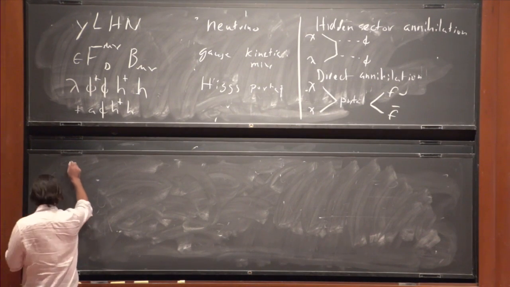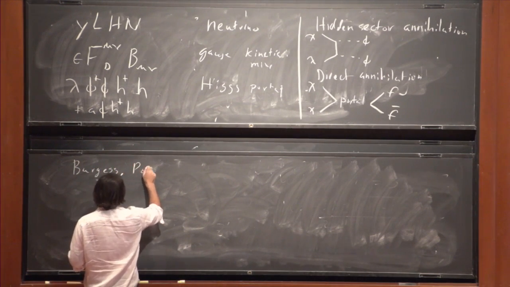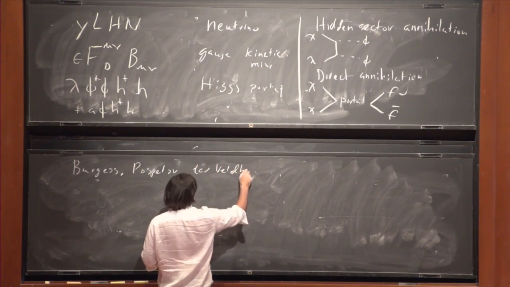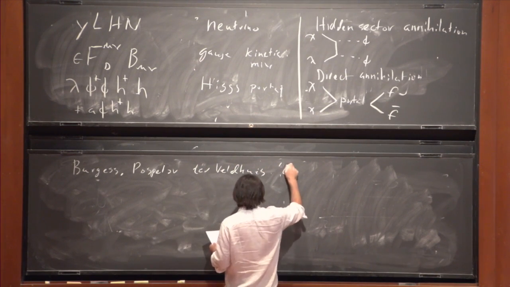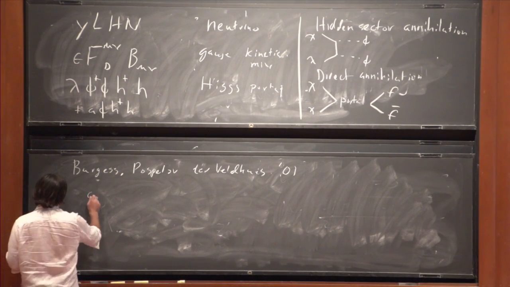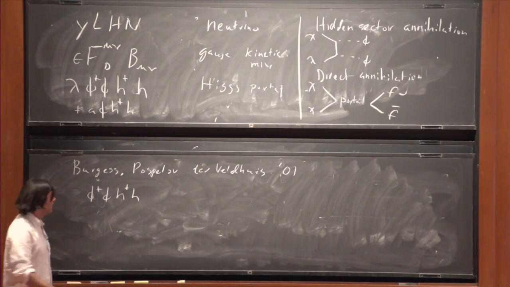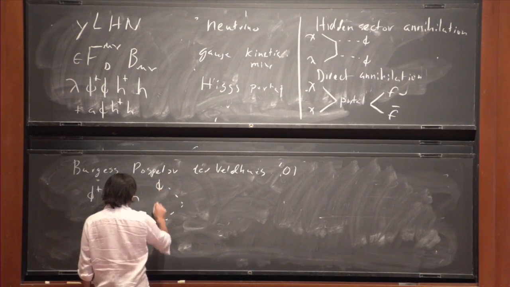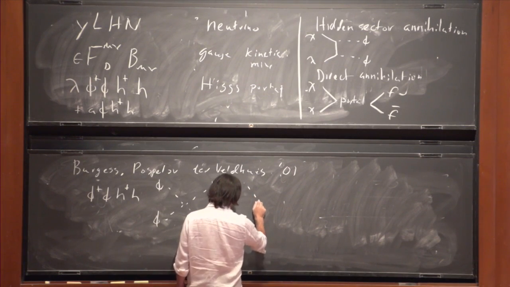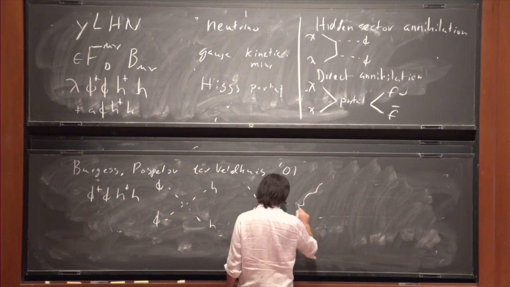There's a classic paper on the Higgs portal by Burgess, Pospelov, and ter Veldhuis. So you can look at that and the references there too. The idea of the Higgs portal and how you can do dark matter with it is you can just imagine that this phi particle is your dark matter, and you have a process where you can have annihilations like this, or you can have annihilations, once the Higgs gets a vev, through an s channel into gauge bosons or fermions.